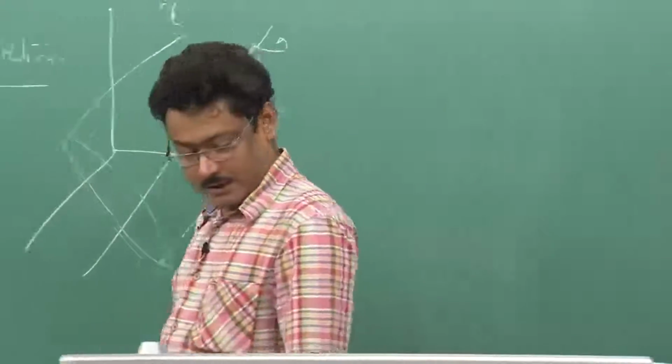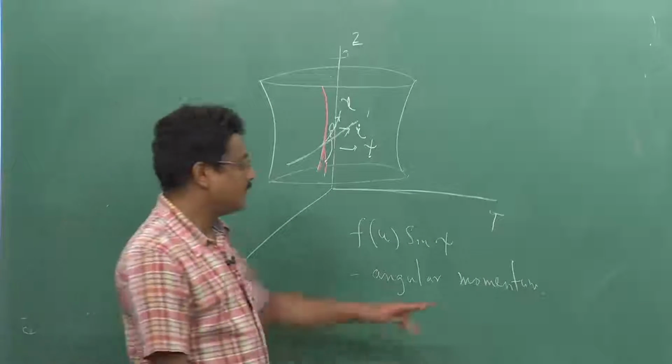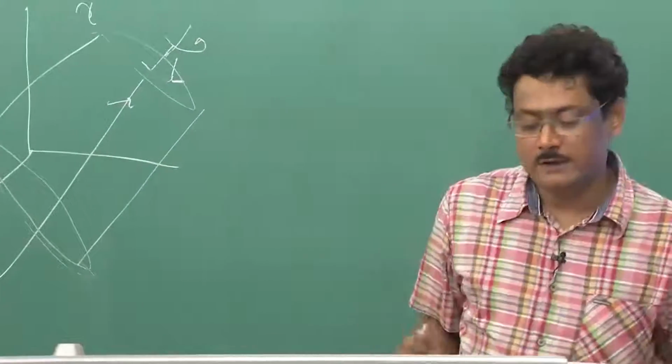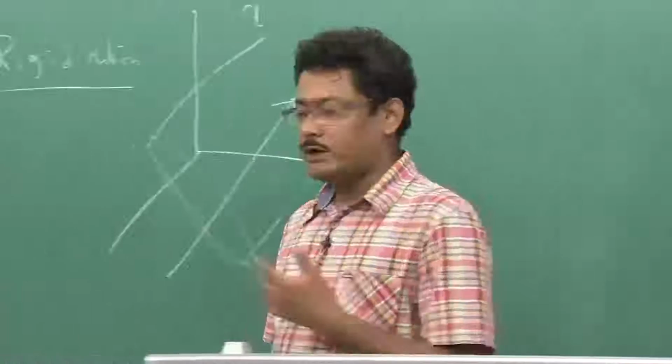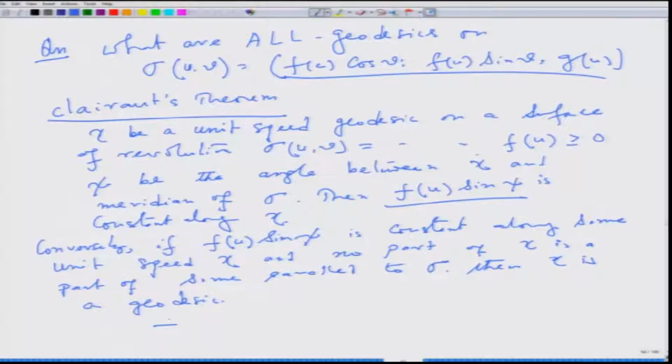If angular momentum is preserved along a curve and you are not travelling along parallels, because parallels are ruled out from the previous observation, then you are actually travelling along a geodesic. We will not prove this theorem, but use it to find geodesics on a surface of revolution like this.